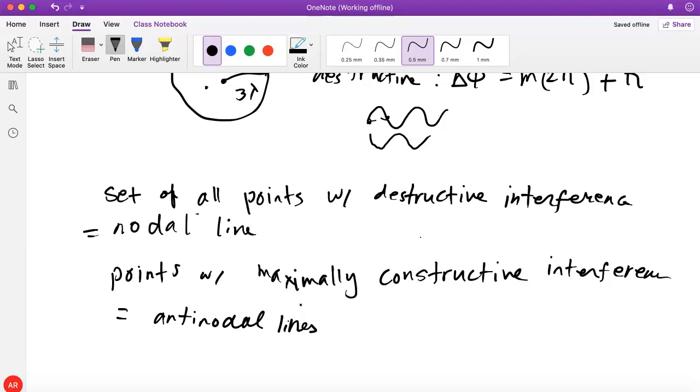For nodal lines, we get zero amplitude. These are dark spots if we're talking about light, or quiet places if you're thinking about sound. If you're thinking about water ripples on a lake, it's the points where the water doesn't fluctuate, it just stays flat at the equilibrium position.